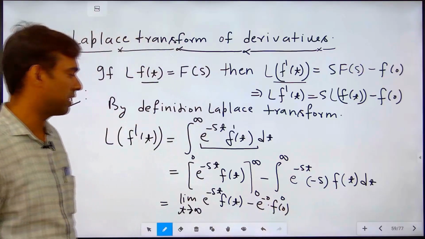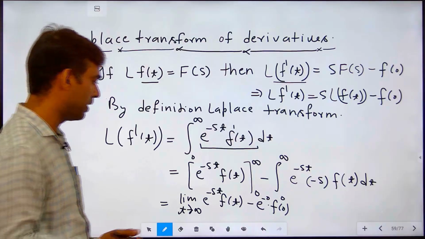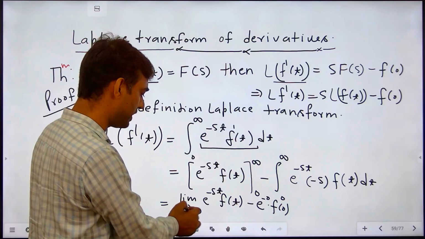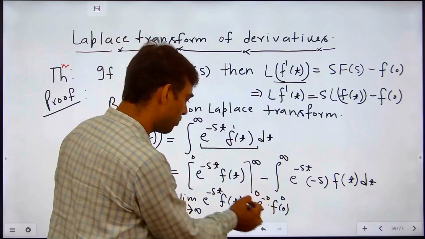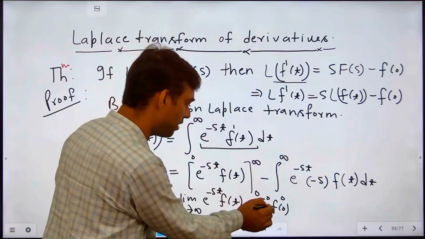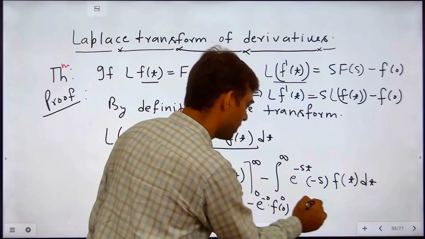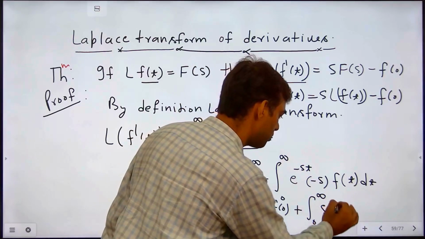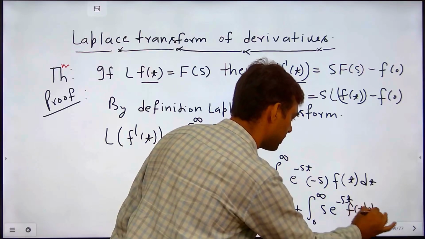We cannot say directly here that f(0) is 0, because maybe it has a different value. So, with the upper limit, limit t tends to infinity of e to the power minus st f(t), and with the lower limit, e to the power minus st becomes 1 and this becomes f(0), and here minus minus becomes plus the integral from 0 to infinity of s e to the power minus st f(t) dt.